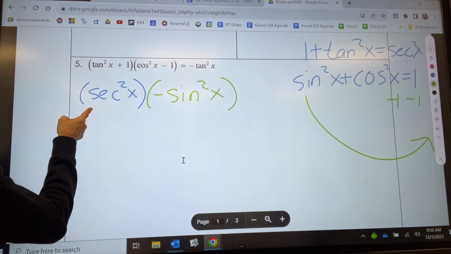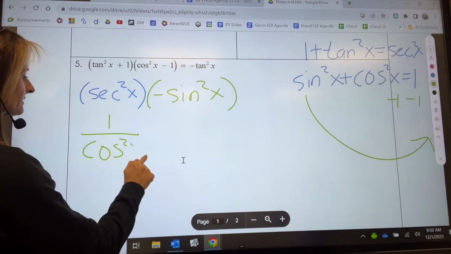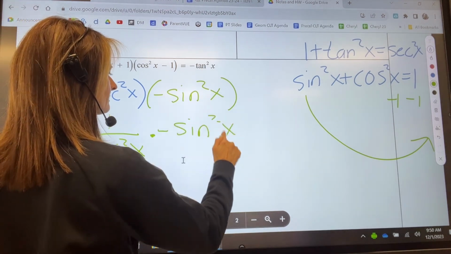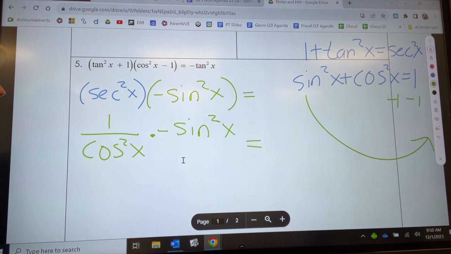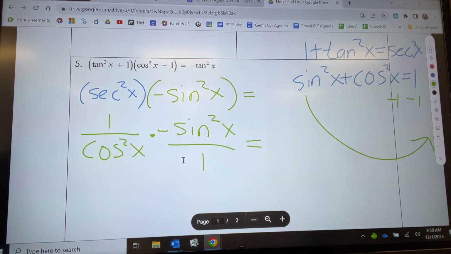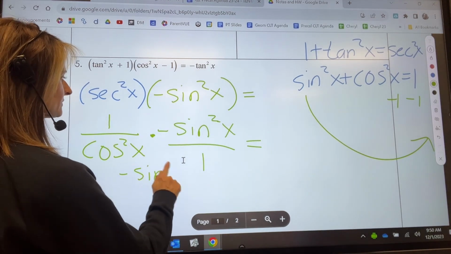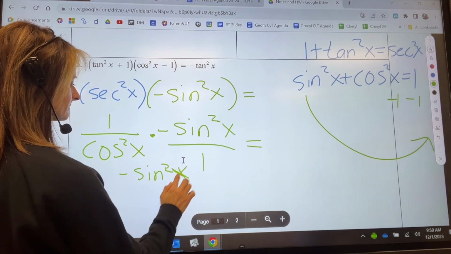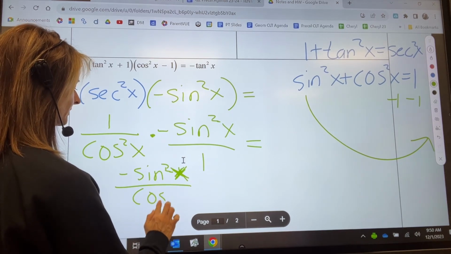This is the reciprocal of 1 over cosine squared times negative sine squared. I'm forgetting my equal signs. There we go. This is like over 1. I don't usually write my over 1, but that's what it says. This becomes negative sine squared of x over cosine squared of x.